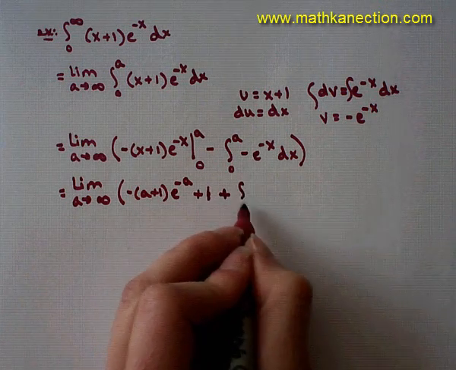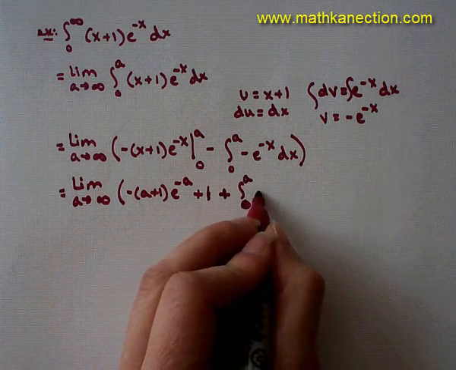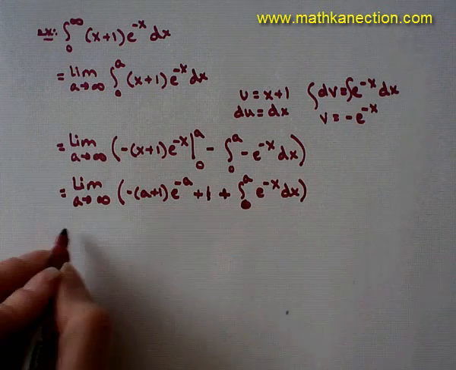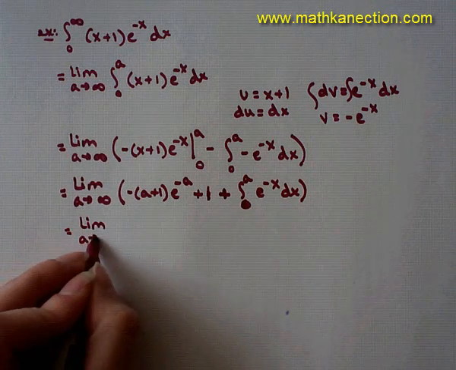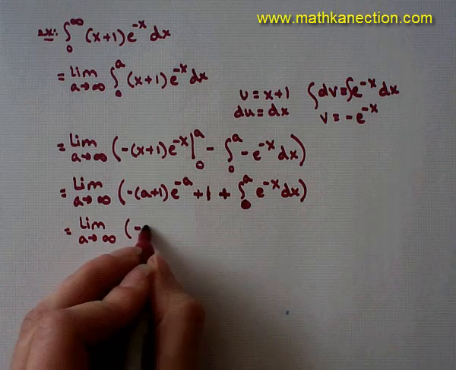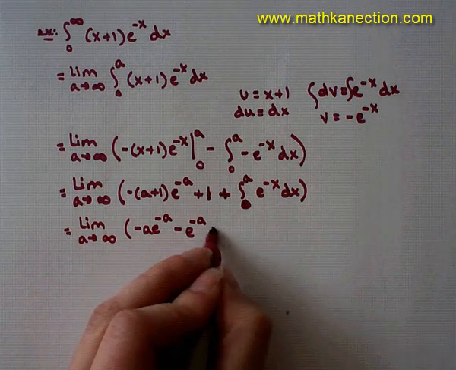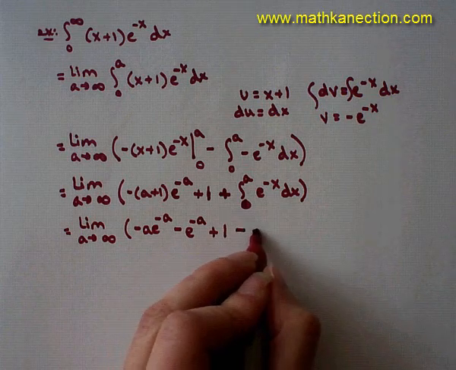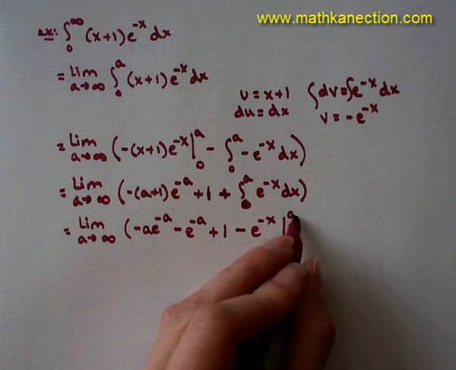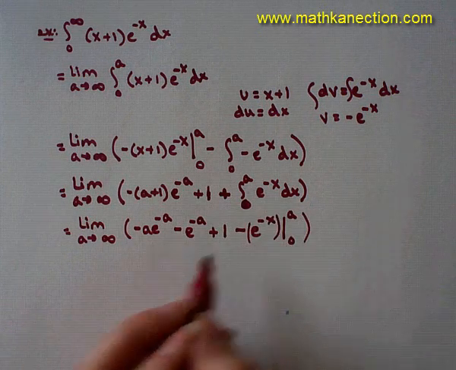And then we're going to anti-derive the integral from 0 to a of e to the negative x dx. So the limit as a approaches infinity, distributing to get negative a e to the negative a minus e to the negative a plus 1, and then anti-deriving e to the negative x is negative e to the negative x from 0 to a.